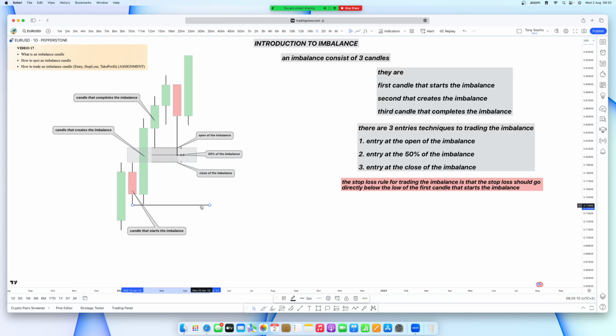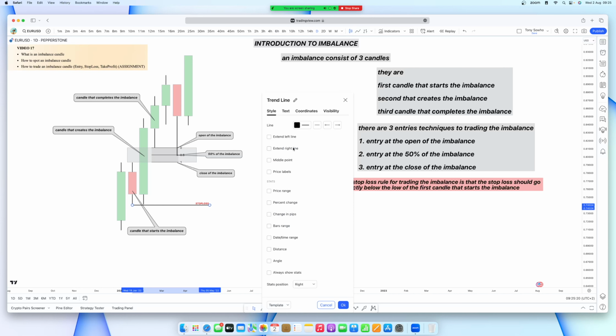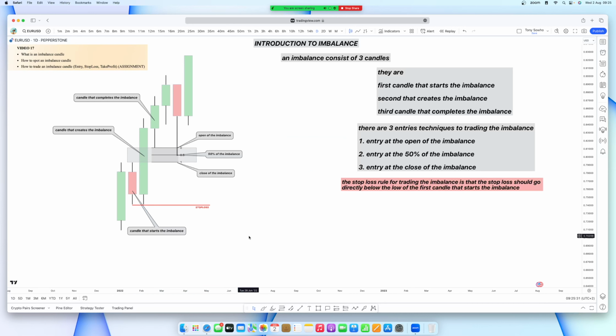That's it. This is where your stop loss is going to be. So if you're getting in here, stop loss should be at this down area here.